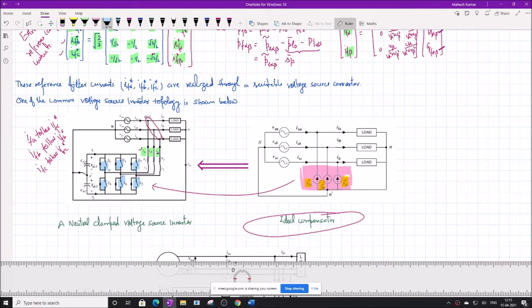It's called tracking of current. So IFA tracks IFA star, IFB tracks IFB star, IFC tracks IFC star. Do you understand? This IFA star is a totally mathematical description of how to extract it. Once we have extracted it, our next job is how to synthesize it, how to realize it. For that, the actual power circuits are used.